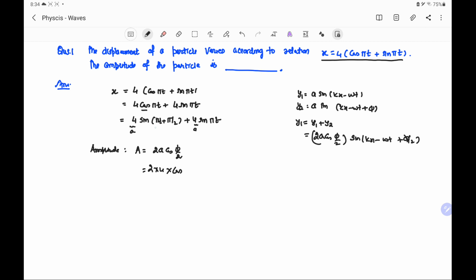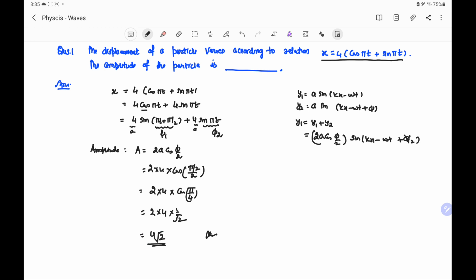Phase of one wave is pi t plus pi by 2, say phi 1, and another wave is pi t, phi 2. So phase difference phi is pi by 2, divided by 2. So we will have 2 into 4 into cos pi by 4, and cos pi by 4 is 1 by root 2. Therefore, the amplitude of the wave is 4 root 2.